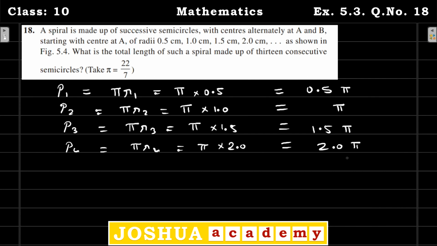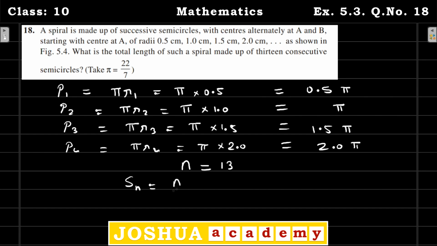Successive semicircles increase by 0.5 pi. One more thing is given in the question, n equal to 13. We can find the total length of the spiral made up of 13 semicircles using the formula Sn, the sum of n terms of an arithmetic progression.